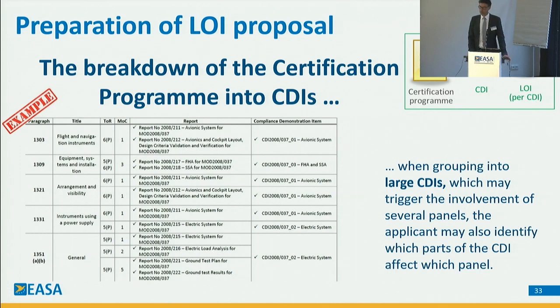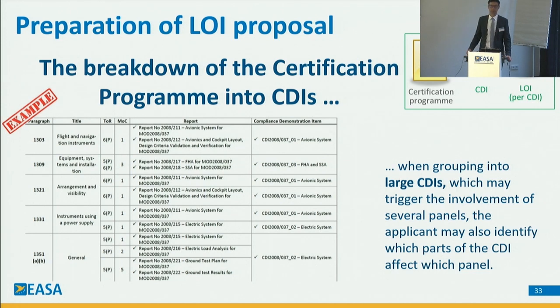So when grouping into large CDIs, which may trigger the involvement of several panels, what we do recommend is that the applicant identifies which parts of the CDI affect which panel. This is not required by Part 21, but it's a good recommendation by the AMC material.